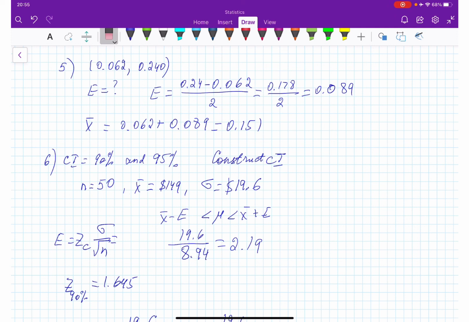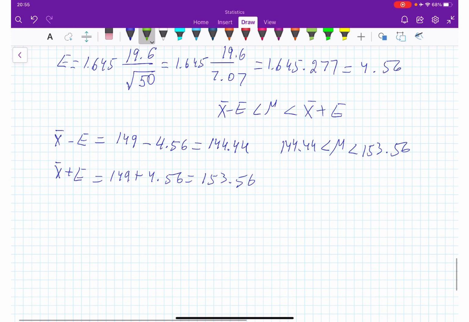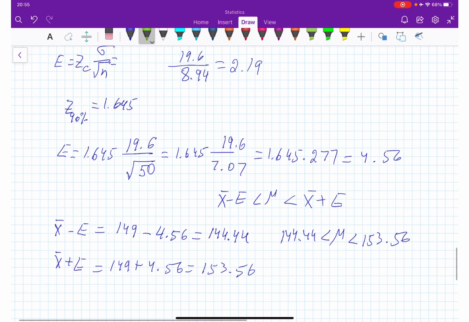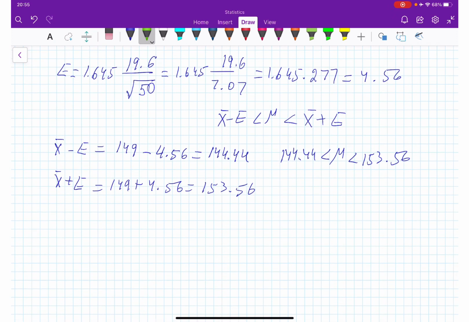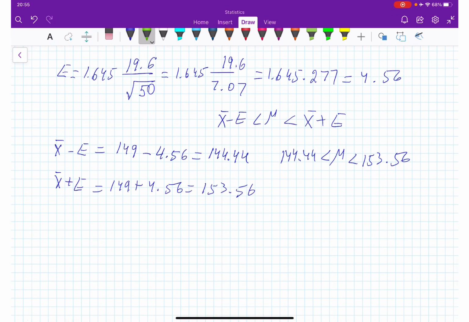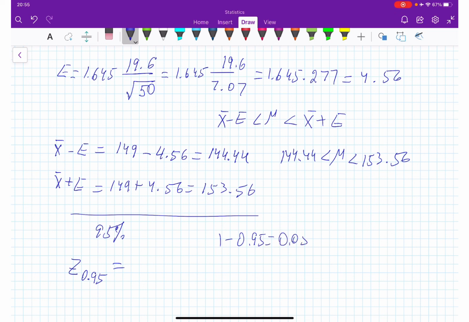Okay? Next, the same way we are going to work out for 95%. Let me do it real quick for 95%. So the calculation, everything stays the same, it's just that z critical is going to be different. Z critical for 95%, 0.95: first of all, 1 minus 0.95 is equal to 0.05.